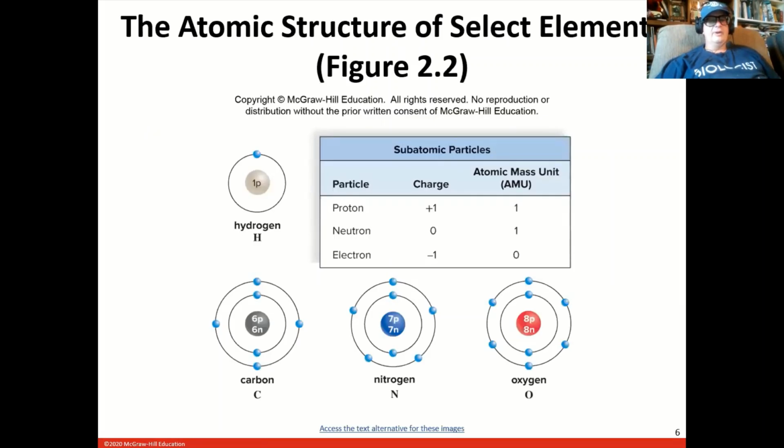So here we have some drawings of elements, and there we have hydrogen when its nucleus is nothing but one proton. Now, this is the normal hydrogen. This is the most common form of hydrogen. You might have heard nuclear reactor people talk about heavy hydrogen.